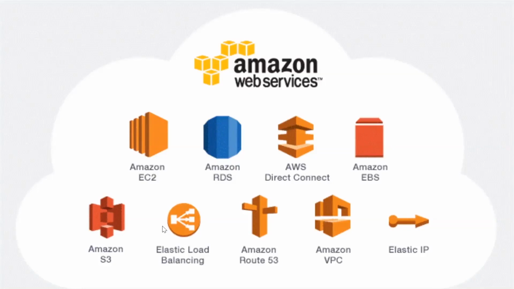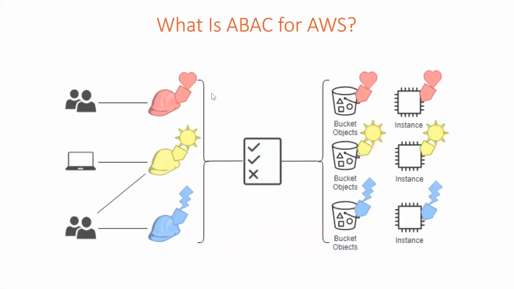AWS provides you that particular facility, and apart from that, it has another offering which is slightly different from RBAC. It is attribute-based access control, that is, you control only the attributes, and grant the access on those respective resources that are required.